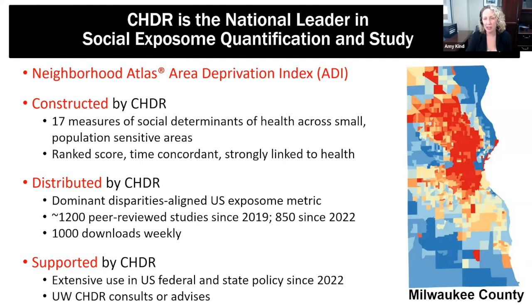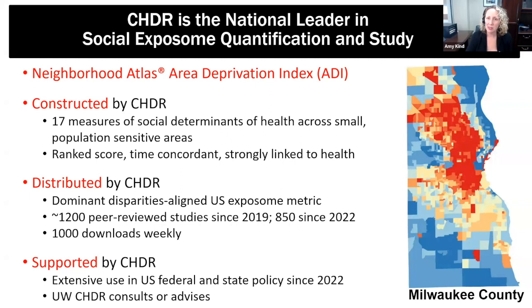In fact, Milwaukee has some of the largest differences in terms of ADI and also income disparities within the state of Wisconsin. Those red areas clustered within inner city Milwaukee are the most disadvantaged by ADI and do map directly onto historic redlining practices and other types of racial and systemic inequities that have occurred within that city and within the county.